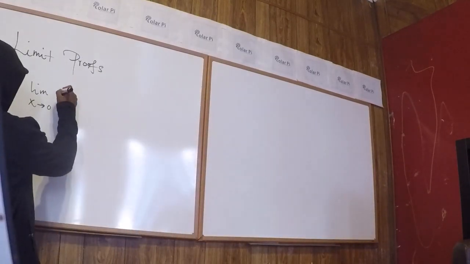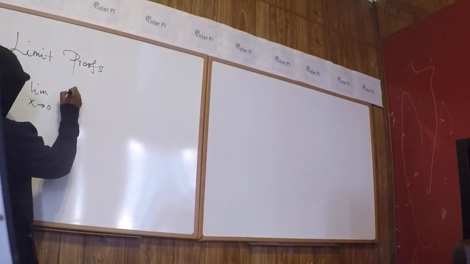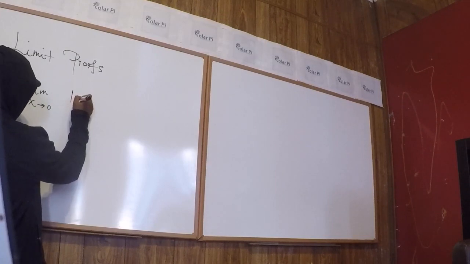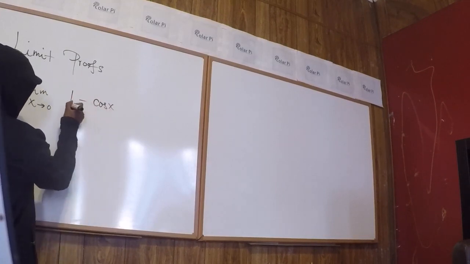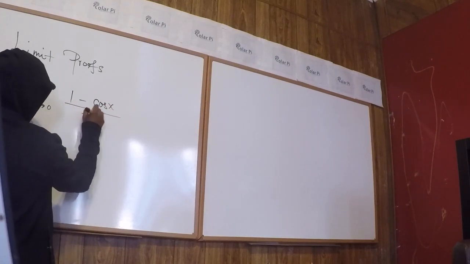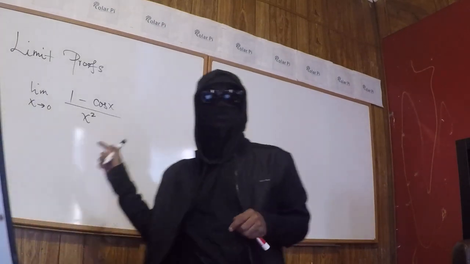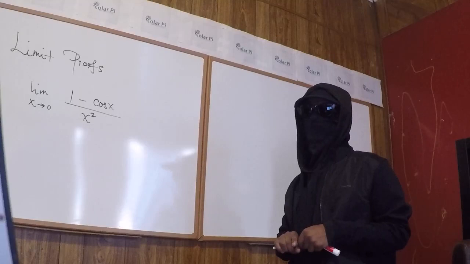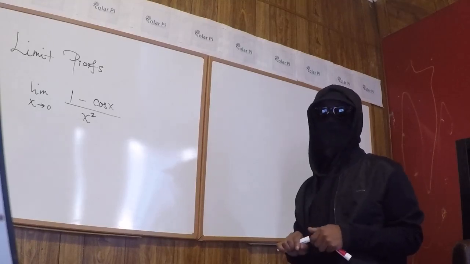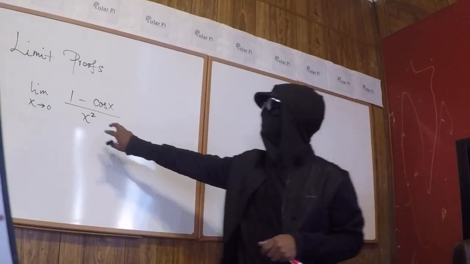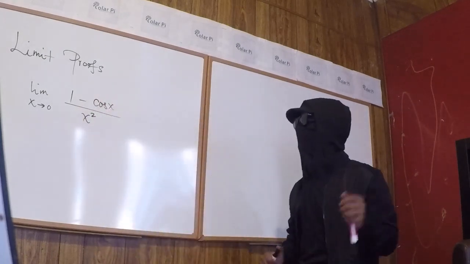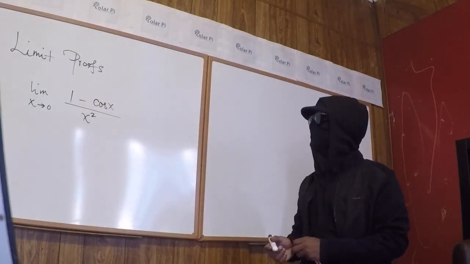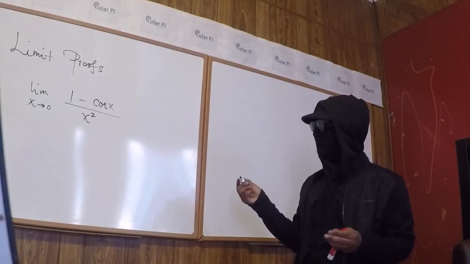This one is the limit as x goes to 0 of 1 minus cos x over x squared. The similar one is cos x minus 1 over x instead of over x squared, and it's the additive inverse of what I have in the numerator in that other video. Okay, enough said. So how do we do this?